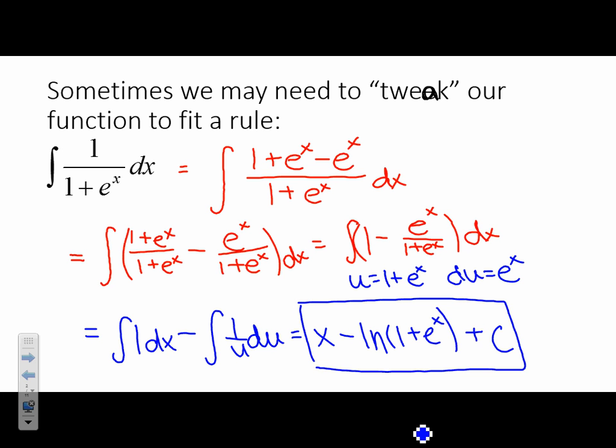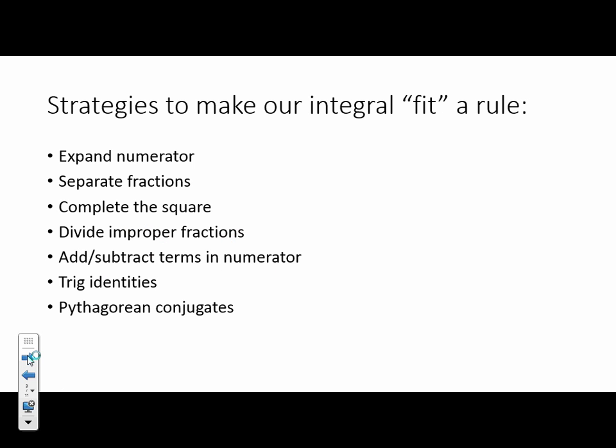So let's talk about some other algebra techniques that we could do to tweak our function to fit a rule. We could expand the numerator, separate fractions, or complete the square.